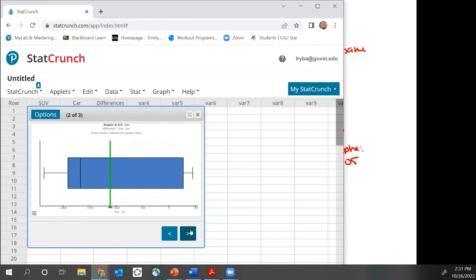Well, yeah, if I look here, here's 0. Here's the mean of our data set. Here's 0, and most of my data is negative. So it's looking like this data does have a negative relationship here.